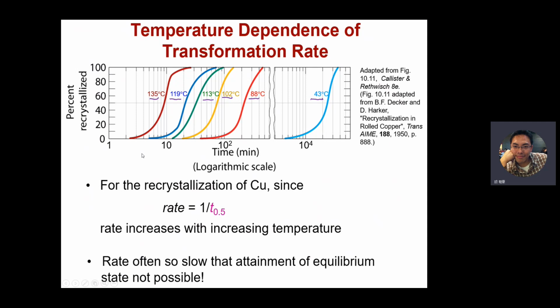So for copper, recrystallization of copper at different temperatures. So what does this figure tell us? The rate increases with increasing temperature, right? So what is the rate? We already mentioned in the previous slide, the 50% of phase transformation, right?